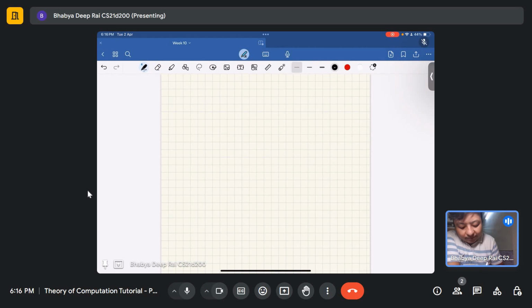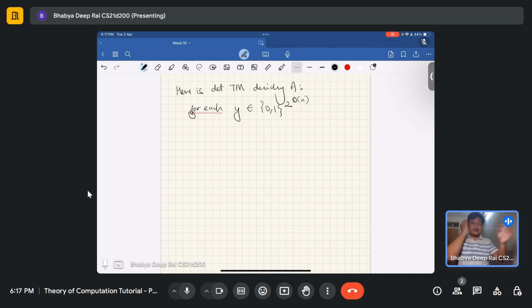Here is my deterministic Turing machine deciding A. For each y in {0,1} to the power order n, so I'm going across each order n length binary string, simulate machine M1, that non-deterministic machine, on path y.